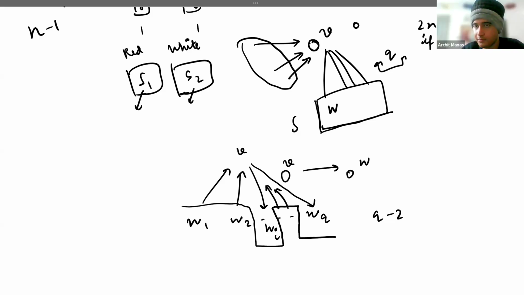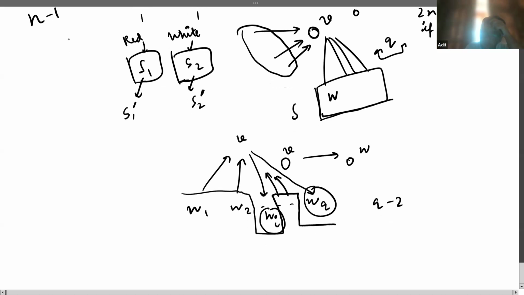Let's say the new sets are S1 prime and S2 prime, where I've removed those faulty vertices. Now I have this one vertex Wi left and this one vertex WQ left, and of course I let these be wherever they were.